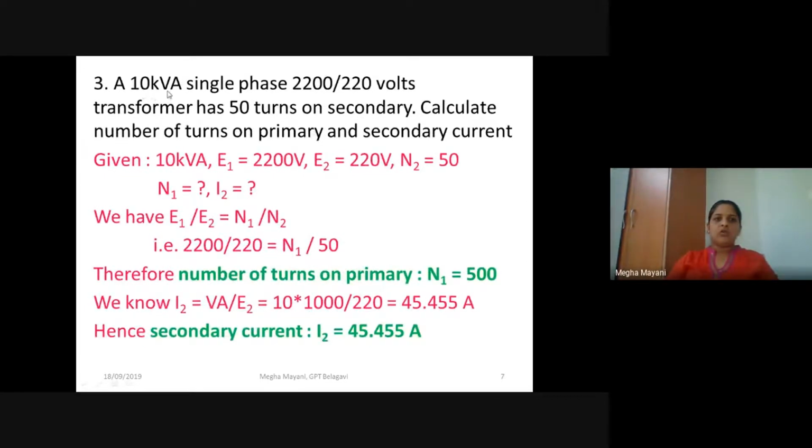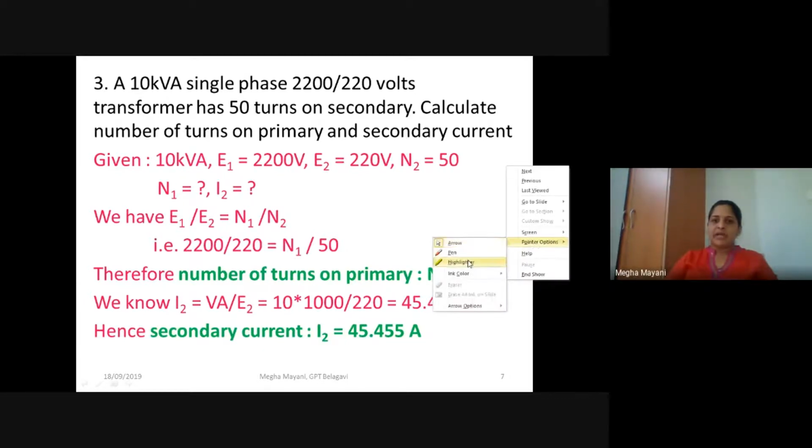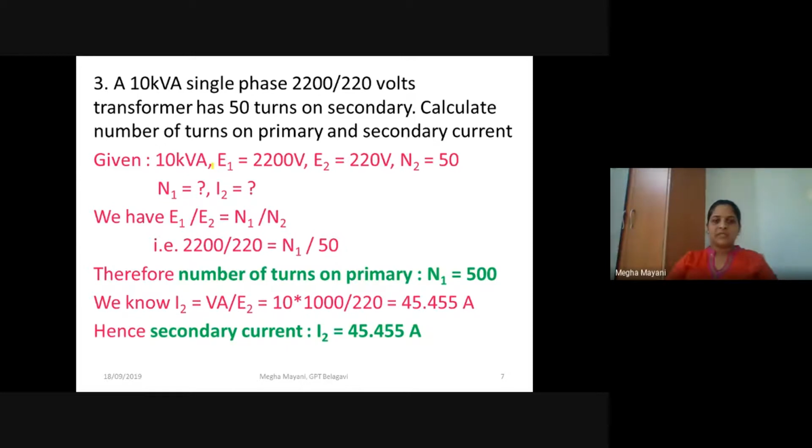A 10 kilovolt ampere single phase 2200 by 220 volts transformer has 50 turns on the secondary. Calculate the number of turns on the primary and the secondary current. The given data: the rating is 10 kilovolt amperes.